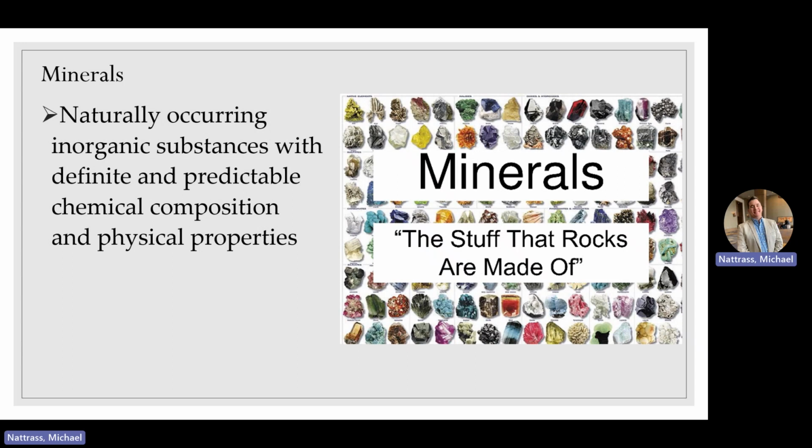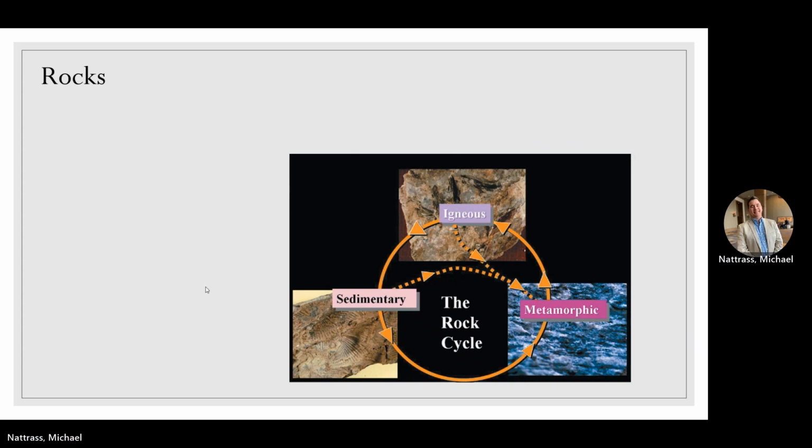That is what we talk about as the bedrock, and that is where the soil is going to form from. There are these inorganic substances, and they have a definite and predictable chemical composition and physical properties. And so we talk about the way that a mineral breaks, or maybe it has some streak or a hardness. We'll talk about that in just a moment.